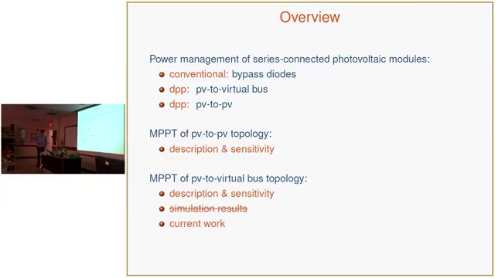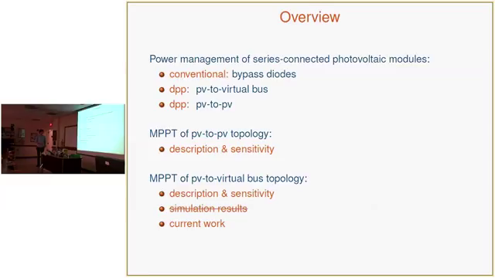Right. So in order to motivate the discussion of this topology that I've been working on, I want to talk about something that I think the majority of you are familiar with, which is just the implementation of using bypass diodes. That's just a conventional PV system. And then segue from there into the topology that I've been working on and talk about power flow in that system, and then talk about power flow in the system that Shiben, as well as a few others, have been working on, which is a PV to PV topology.